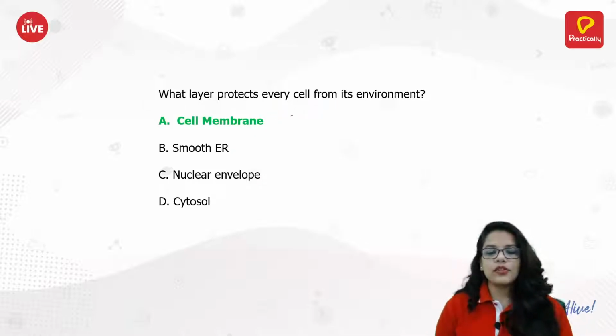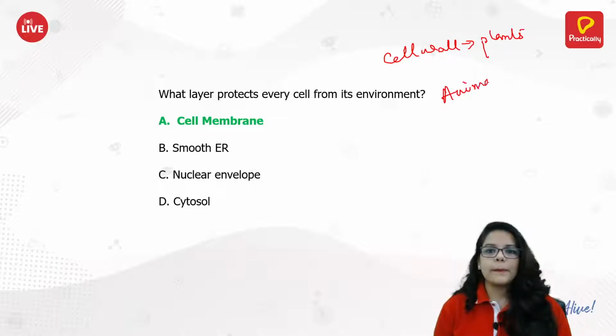It is apart from the cell wall, mostly in plant cells. But in animal cells it should be the cell membrane because they don't have the cell wall for protection.